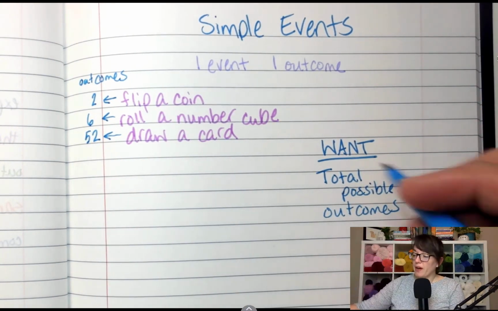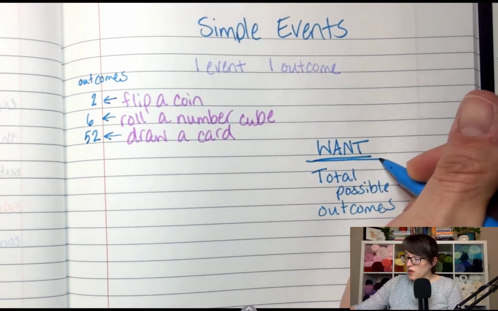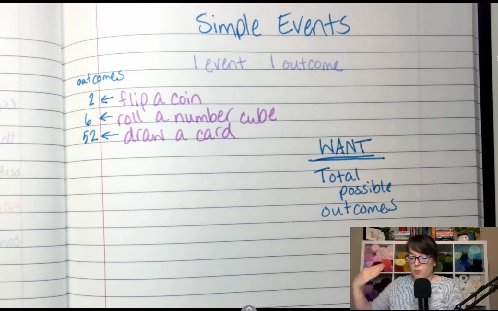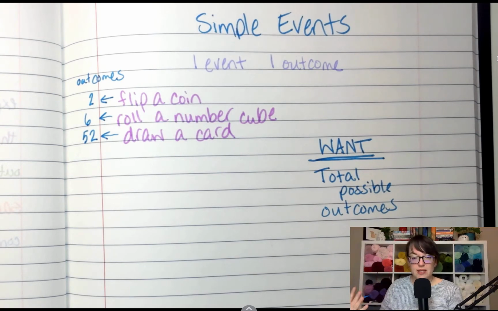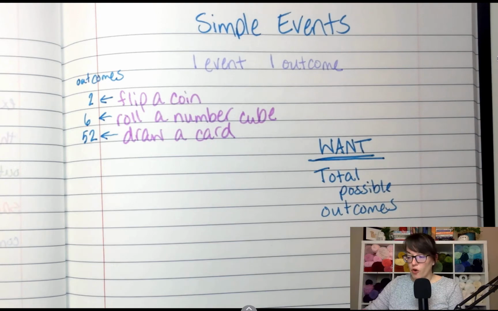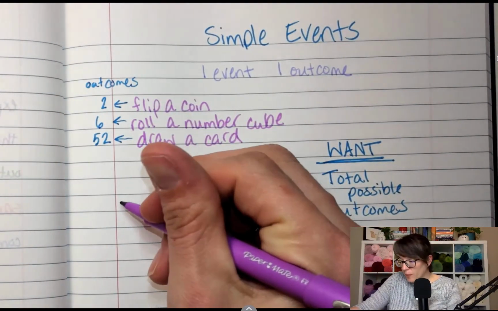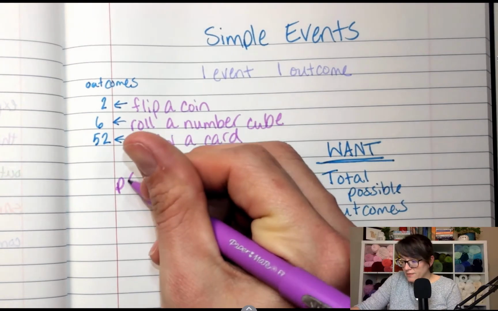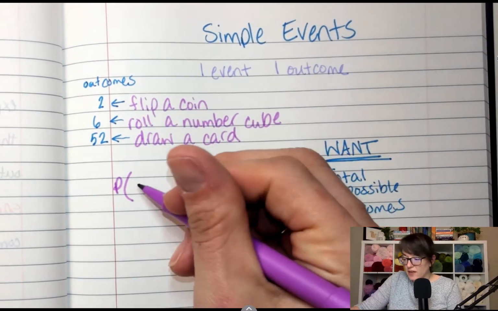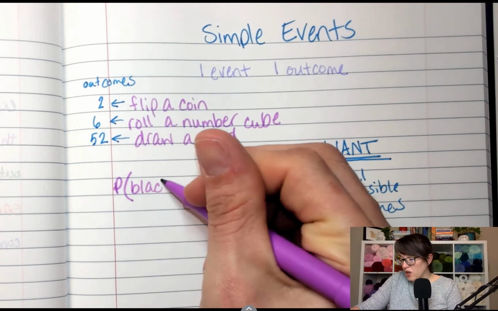So when I'm comparing what I want versus the total outcomes, I'm writing it as a fraction. I do want to simplify it. We always want to write it in simplest form. It's still written the same with the P for probability. So, what is the probability of getting a black card?